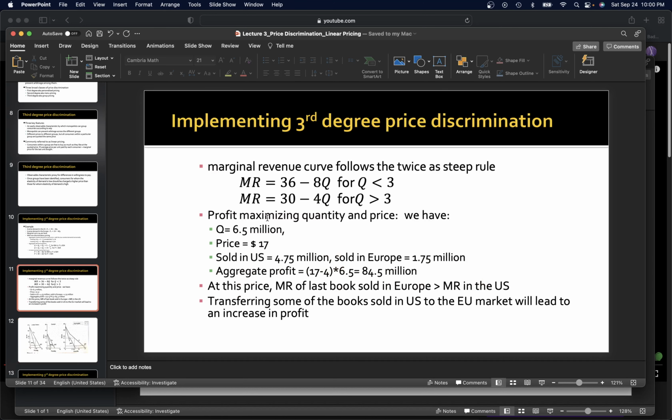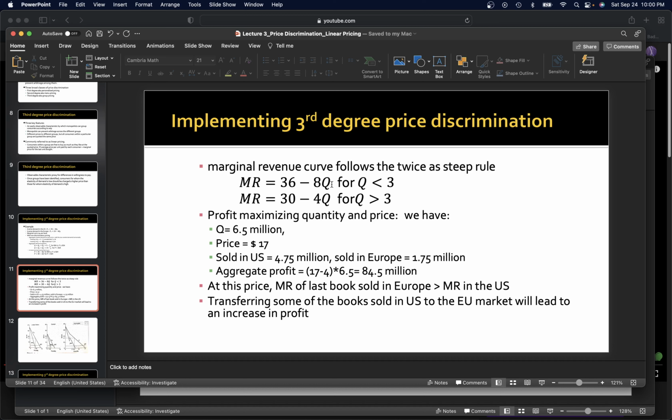All right, so now let's talk about marginal revenue. You have total revenue and then take the derivative, or you just take the demand curve and take double the slope essentially. And here are the quantity levels for which you have the switching between marginal revenue. If quantity is low or price is high, then this is the marginal revenue from the US.